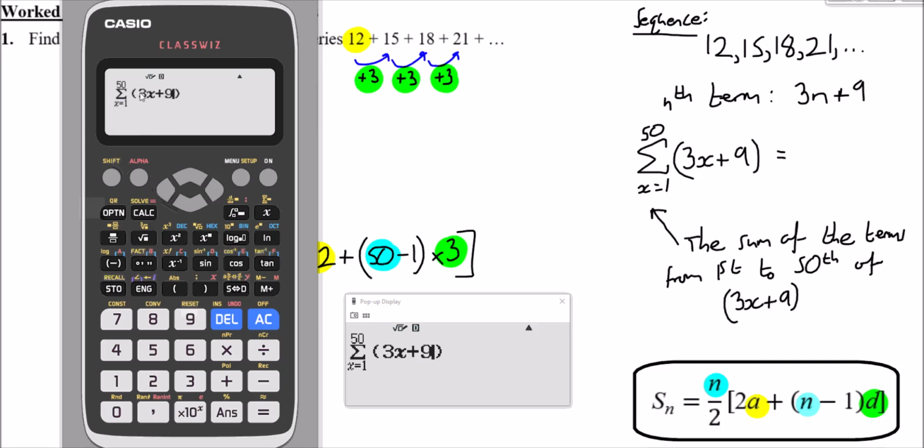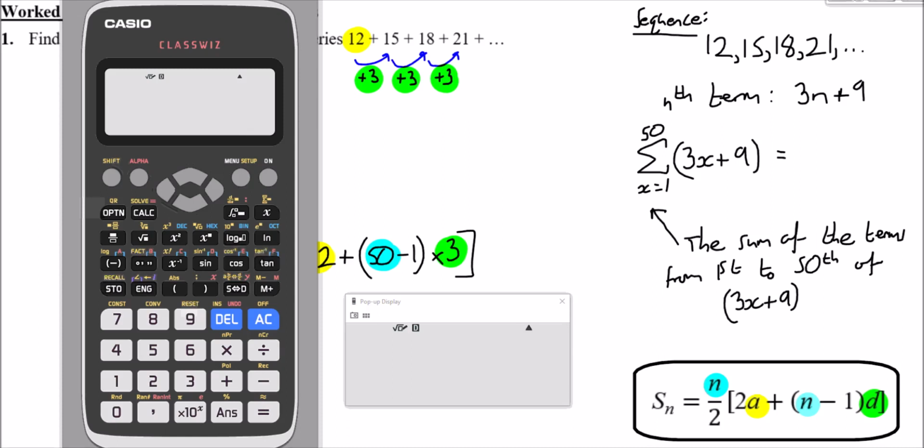When x is 2, 3 times 2 plus 9 is 15. So it's going to add up 12 plus 15 plus 18 plus 21, all the way up to and including the 50th term. So we do need to work out the nth term to use this strategy, but if we sub this in, press equals, it works out for us. We get 4275. So that was worth a mention, I think.